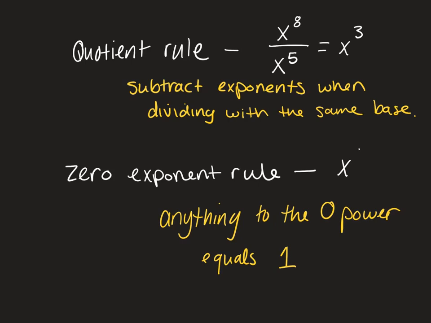Right, so if you have x to the 0, it's going to equal 1. If you have 5 to the 0, it's going to equal 1. If your exponent is 0, it's always equal to 1.